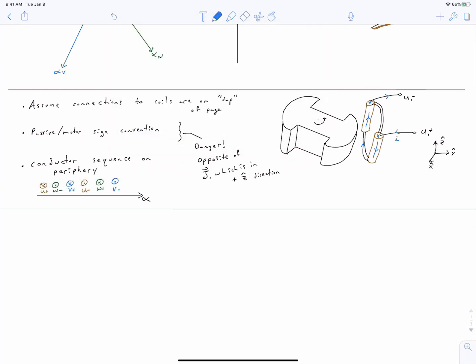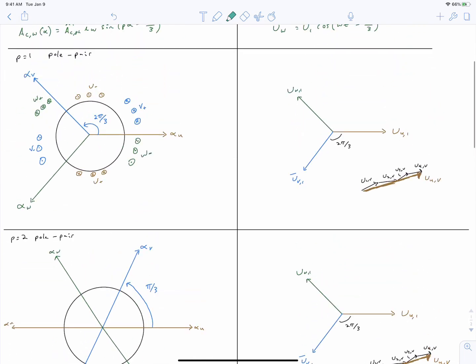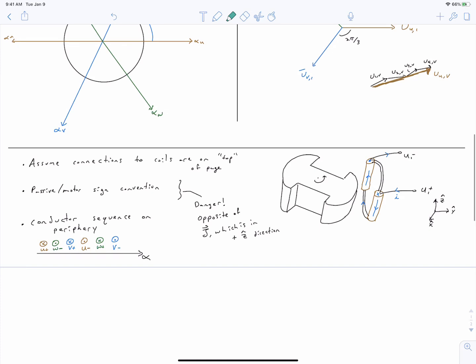And so what we're drawing down here is that sequence going from U plus, W minus, V plus, U minus, W plus, V minus, as we go around alpha, around our air gap in the counterclockwise direction. And the sequence repeats itself.